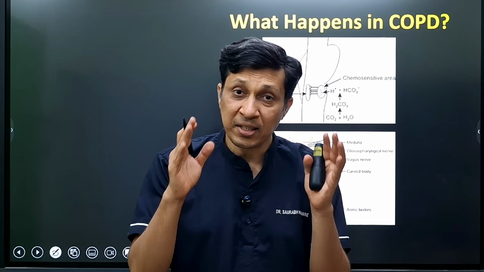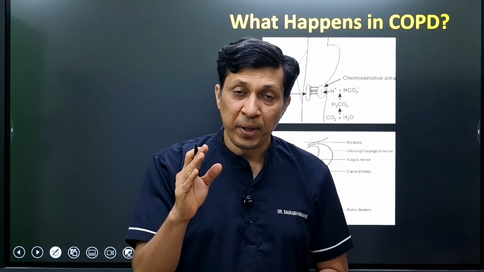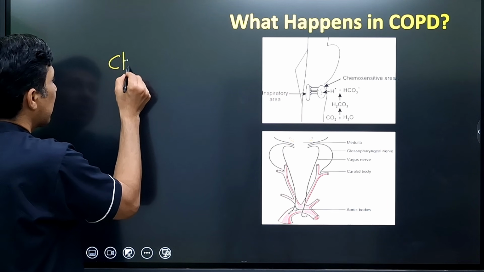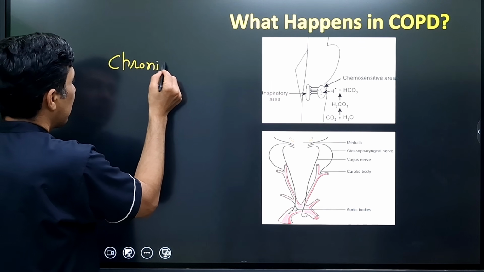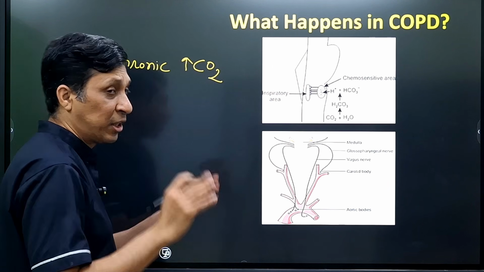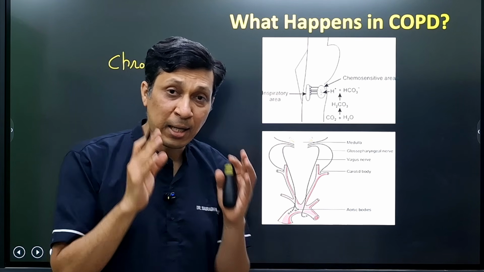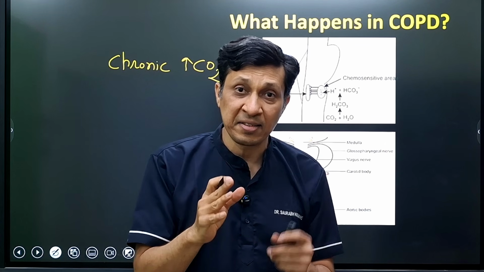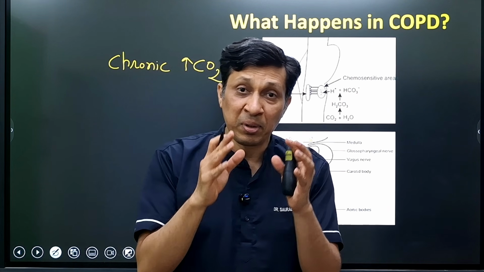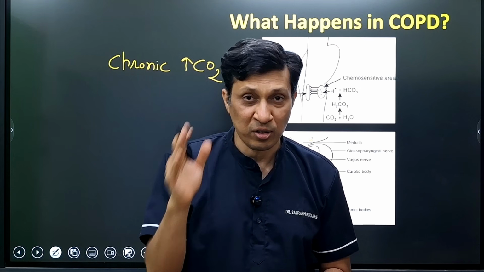Now, what happens in COPD patients? In COPD patients, because of airway obstruction, there is a chronic rise in CO2 levels in the blood. Due to this, the body adapts to the persistent rise in CO2 levels, and the chemosensitive areas become less sensitive to carbon dioxide.